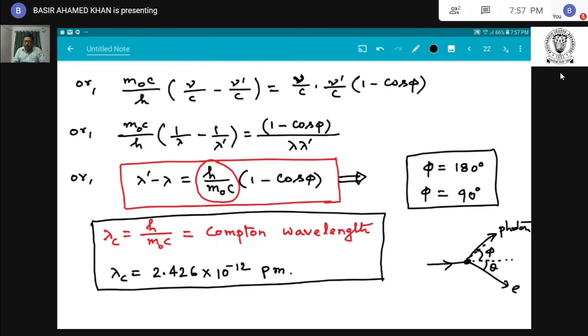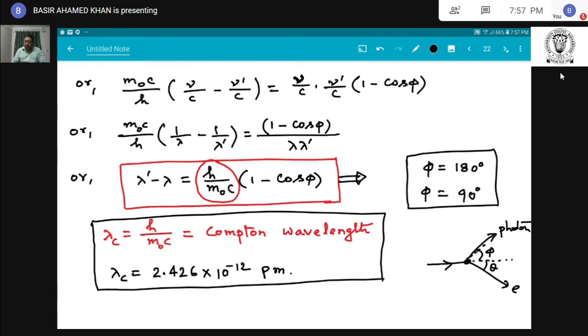And if phi equals 0, then cos phi equals 1 and 1 minus 1 equals 0, so there is no difference between lambda prime and lambda.